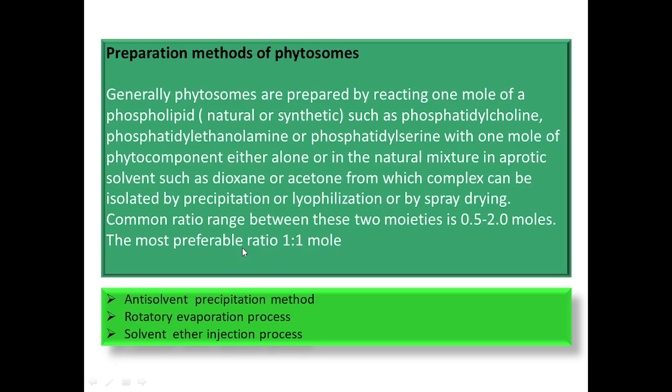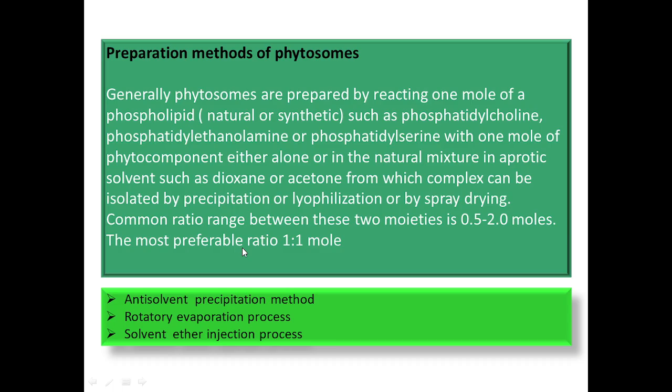Next one is rotatory evaporation process. In rotatory evaporation process, herbal extract and phospholipid are mixed in 30 ml of miscible organic solvent like acetone in a round bottom glass container, which is followed by stirring for 2 hours at a temperature of 50 degrees Celsius in a rota evaporator.